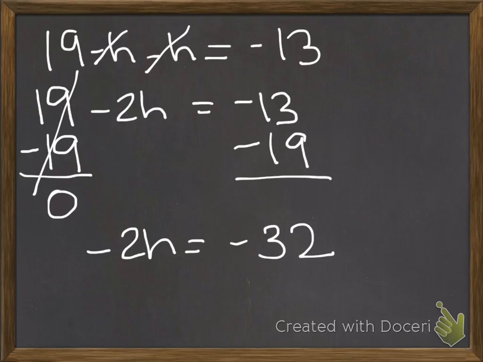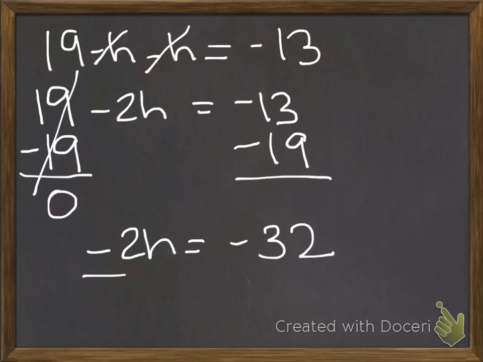Now we're back to a one-step equation, which we're comfortable with as well. Negative 2h equals negative 32. Now, negative 2h, where our variable is, what operation is that? Multiplication. So what do we do to get rid of the multiplication? We change it to division. You do the opposite.